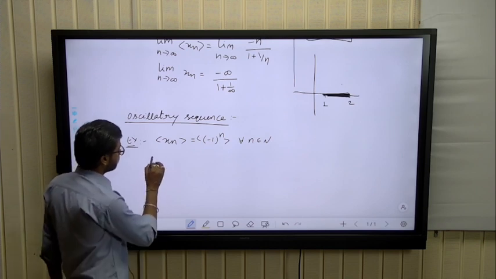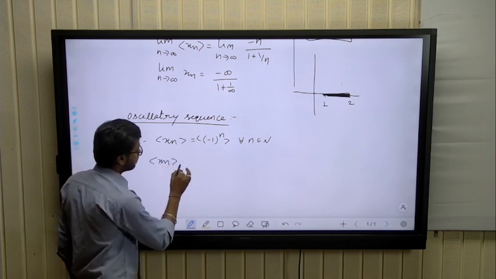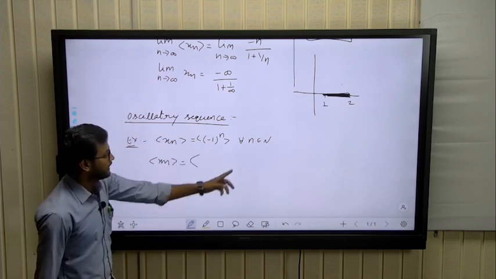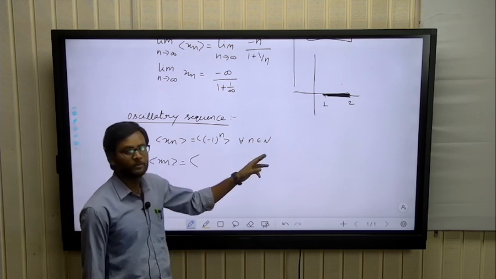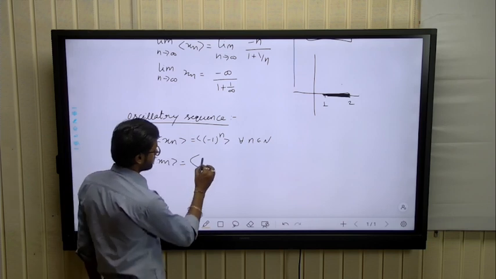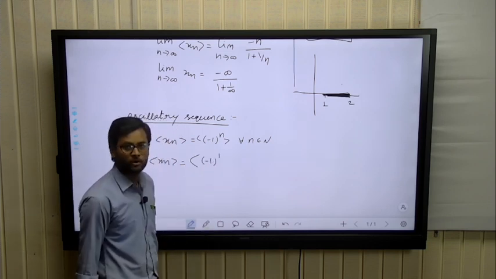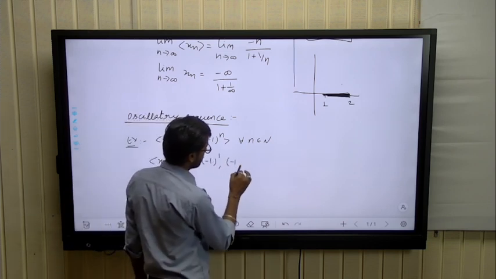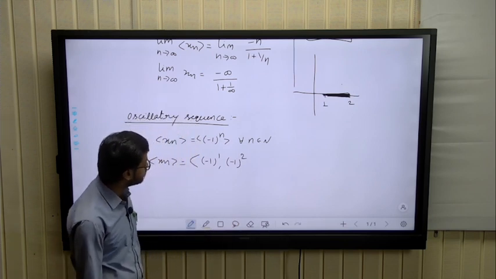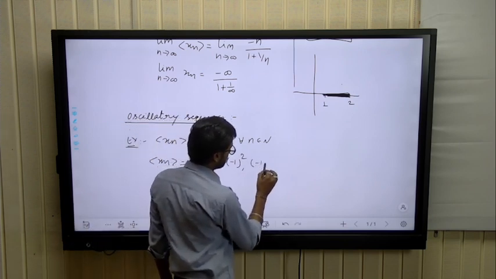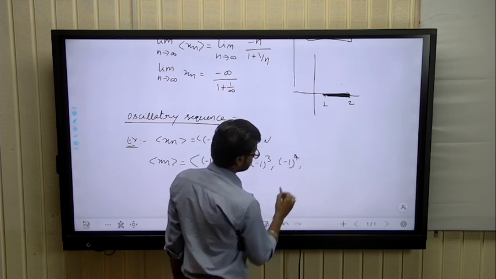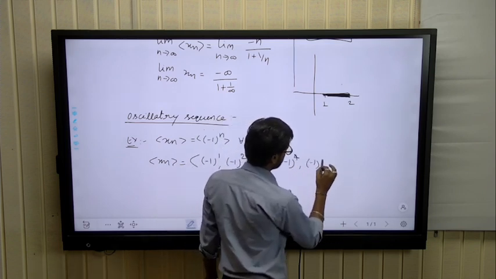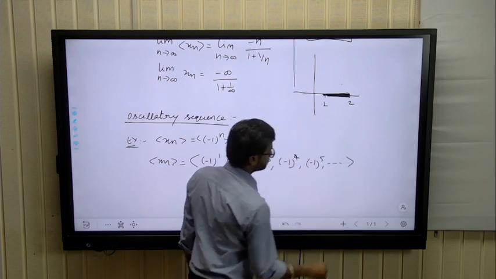So here we write the terms of the sequence. We know that n comes from the natural numbers, and the natural numbers start from 1. So the first term is minus 1 to the power 1, the second term is minus 1 to the power 2, the third term is minus 1 to the power 3, the fourth term is minus 1 to the power 4, the fifth term is minus 1 to the power 5, and so on.